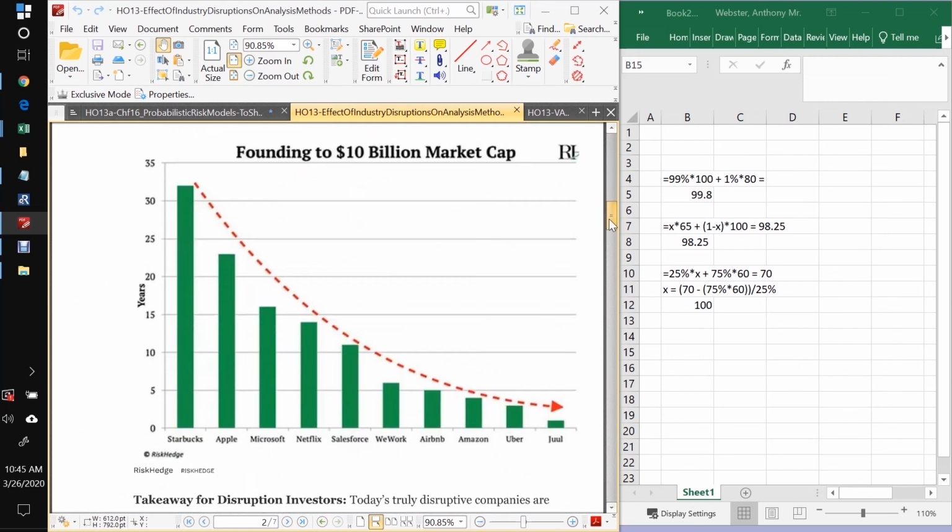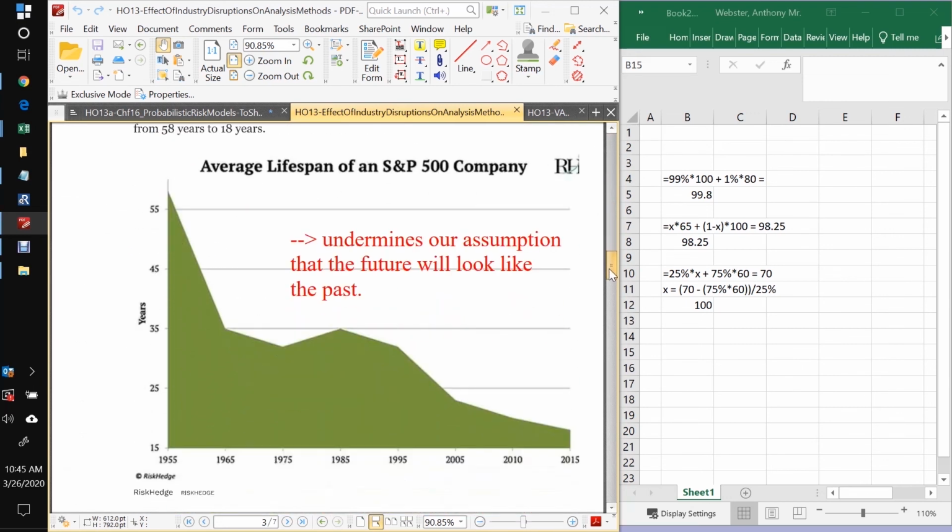It's an interesting article overall, but what I want to bring your attention to in particular is the average lifespan of an S&P 500 company. You could see back in the good old days, the average lifespan of an S&P 500 company was 55 years, and it's down now to less than 20 years.